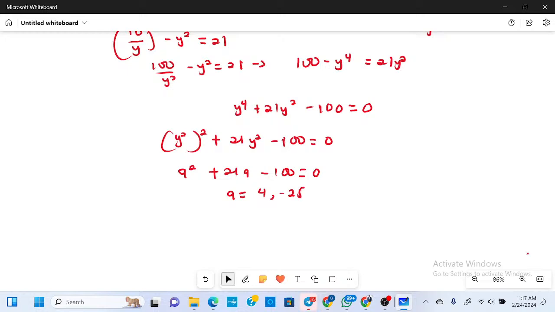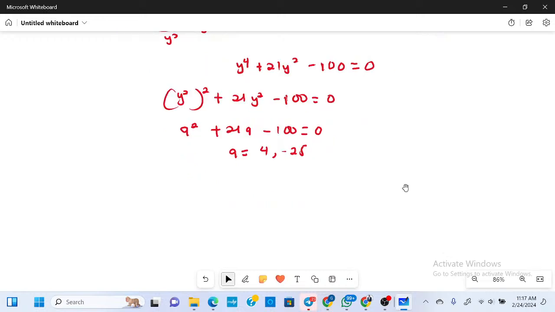So once I get the values of a to be 4 and negative 25, I know that my y squared was represented as a. So this y squared, I replaced it with a, and I had a squared. This y squared was also replaced as a. So to get the actual values of y, I will simply solve for what? y squared is a.